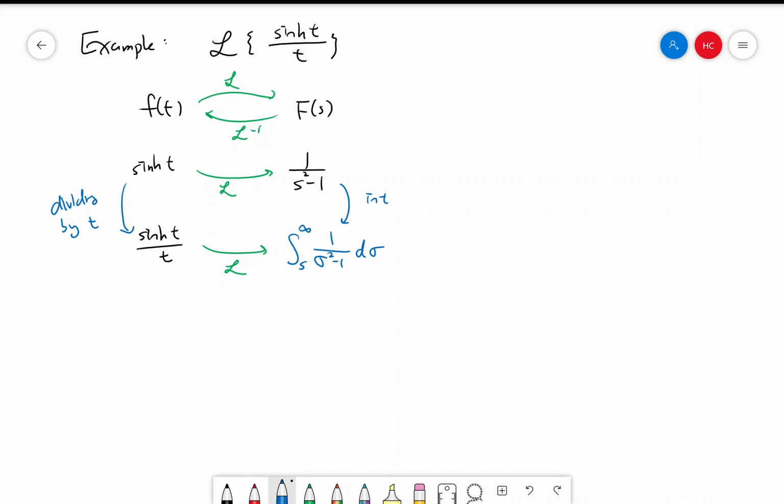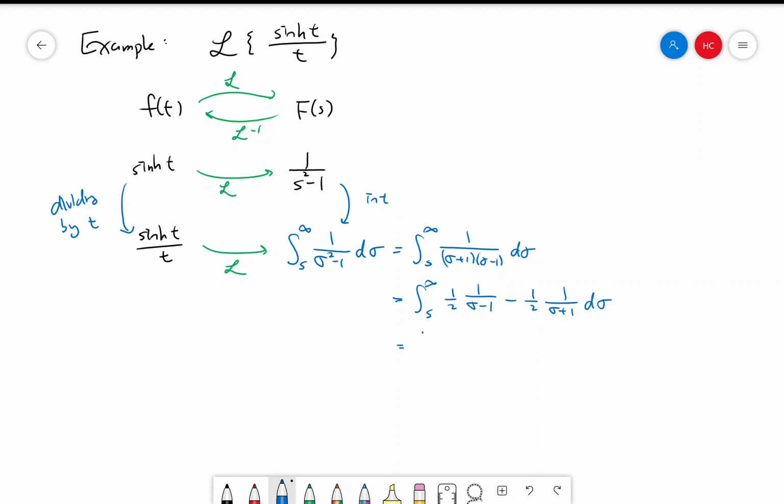Alright, so let's actually evaluate this integral. So 1 over sigma squared minus 1 factors as sigma plus 1, sigma minus 1 d sigma. And if you use partial fractions, this is 1/2 1 over sigma minus 1 minus 1/2 1 over sigma plus 1 d sigma.